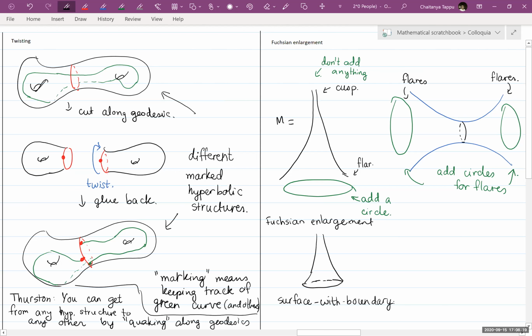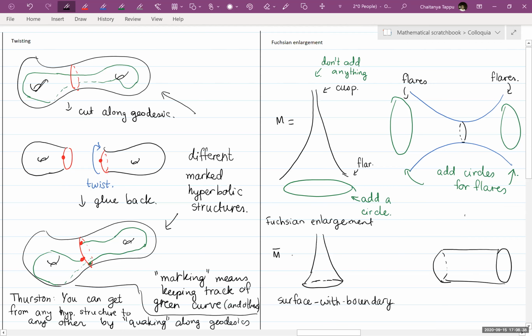It's homeomorphic to a punctured disk, in fact. And the Fuchsian enlargement of this hyperbolic surface is a cylinder.